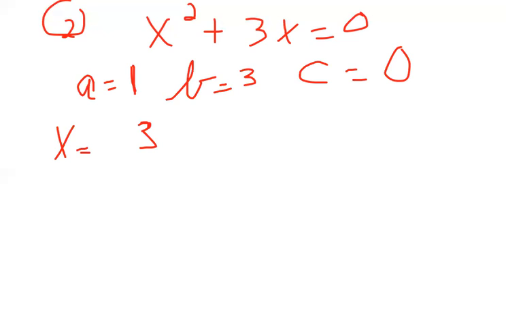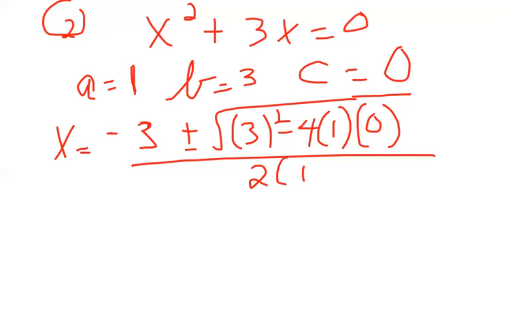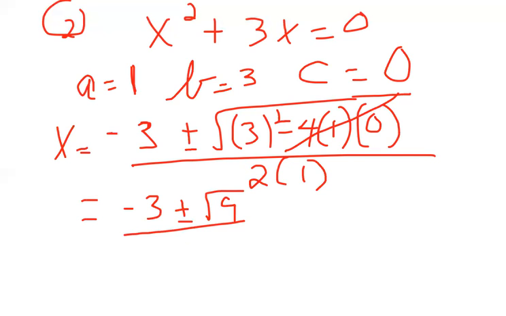And this is going to be plus or minus the square root of b squared minus 4 times a times c. Now, guys, you see what's happening here? Because we're multiplying by 0, Shazam, all of this cancels out. So that leaves you with negative 3 plus or minus the square root of 9 over 2. Square root of 9 is 3 over 2.